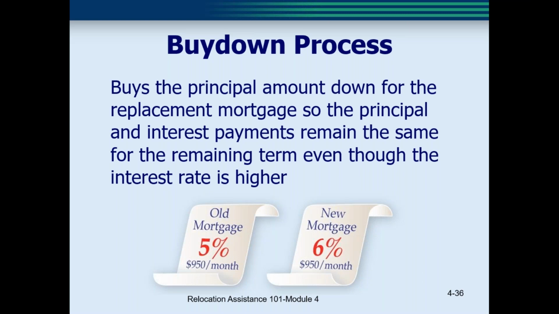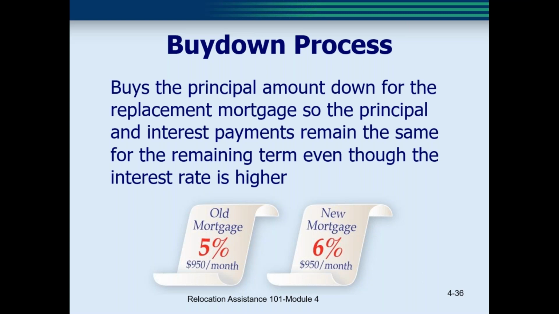The definition from our Policies and Procedures Manual and from CFR says the payment for increased mortgage interest costs is the amount which will reduce the mortgage balance on a new mortgage to an amount which could be amortized to the same monthly payment for principal and interest and for the same duration as the mortgage on the acquired site.